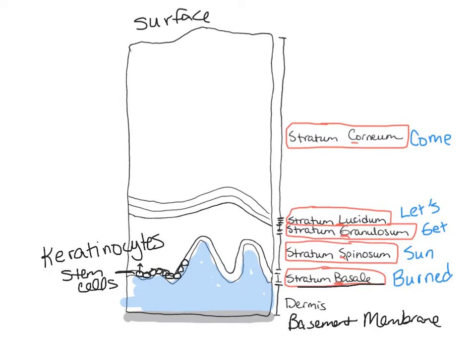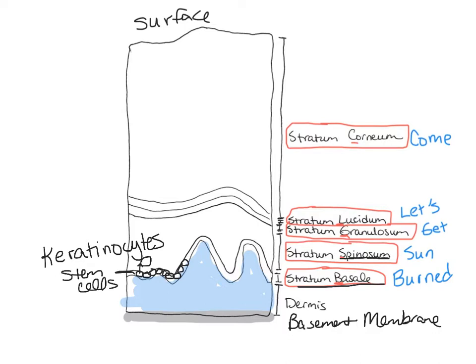So we have to go through the changes. We have to talk about what are the changes that that cell is going to go through as it goes up. So the first change that's going to happen, you know, it's a daughter cell up here. It's a daughter cell in that stratum spinosum layer because it was in the stratum basal layer. It got pushed up into the stratum spinosum layer at the end of mitosis. So stratum spinosum.